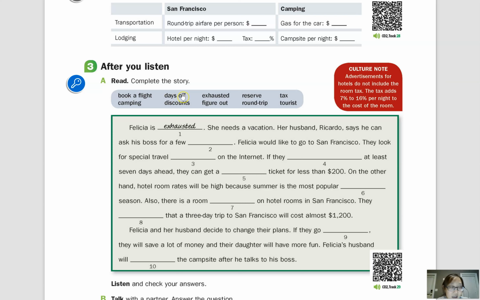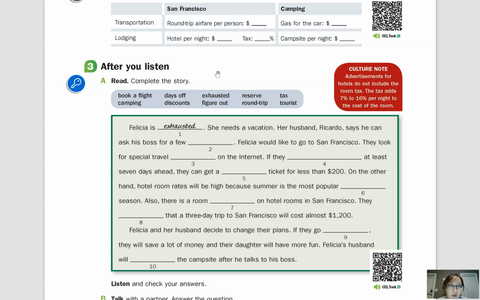So the word off is actually also used separately for work as well. So for example, if we ask, what time do you get off? Okay, then that actually means, what time do you get off from work?